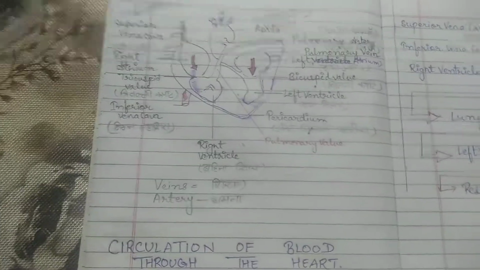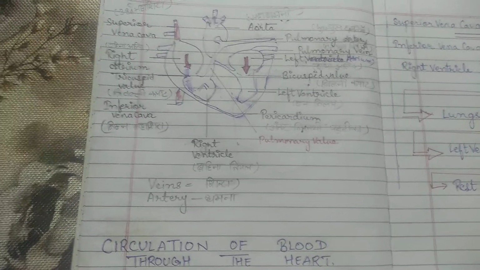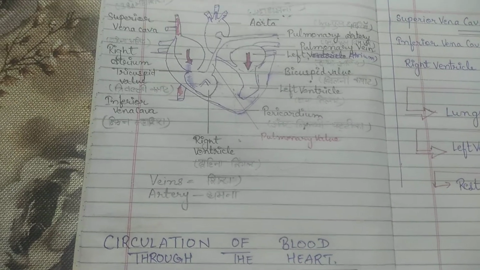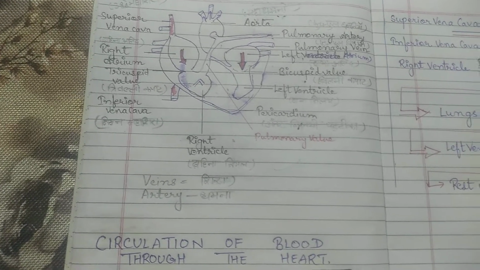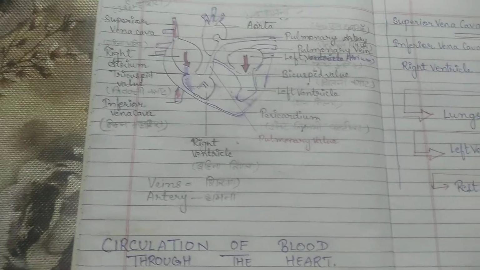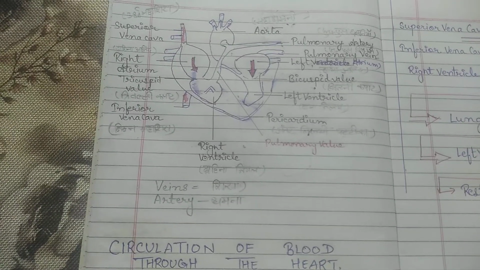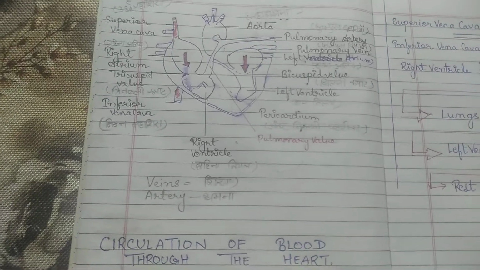If you draw that figure, you get easy marks, easily you get good marks. And if you are a weak student, you should draw this chart. I hope this chart is very, very helpful for you. In short, if you are not able to draw a diagram, you should draw that chart. You can easily get marks.